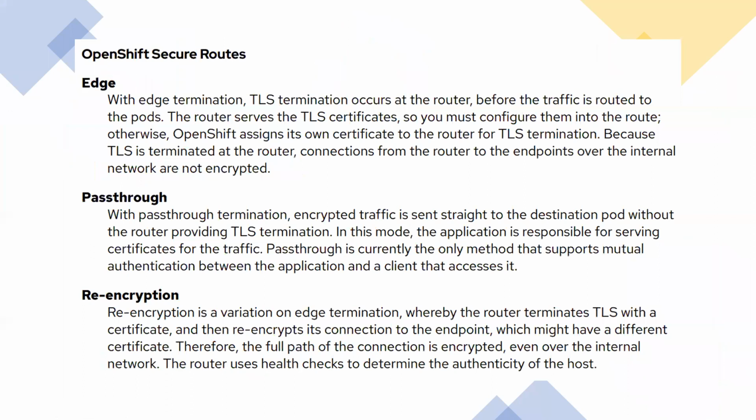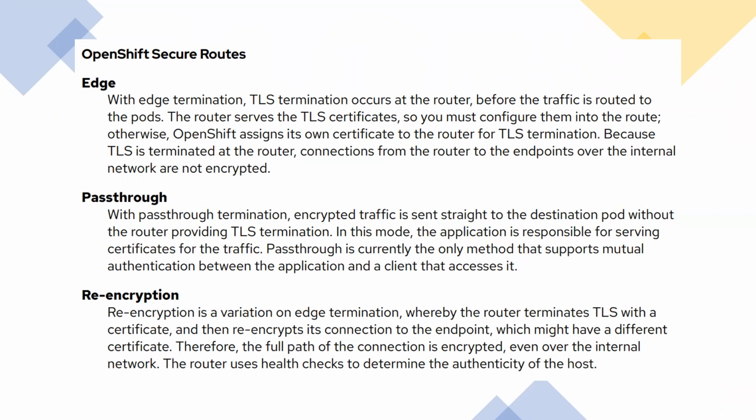As you can see in this slide, if we are talking about routes, there are three ways in OpenShift. One is the edge route. In the edge route, we create a TLS connection between the client and your application. The client request will come to the route first, the OpenShift route, and then from the route it will go to the container where your application is running.